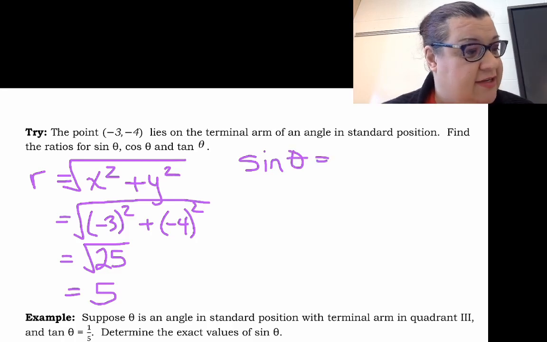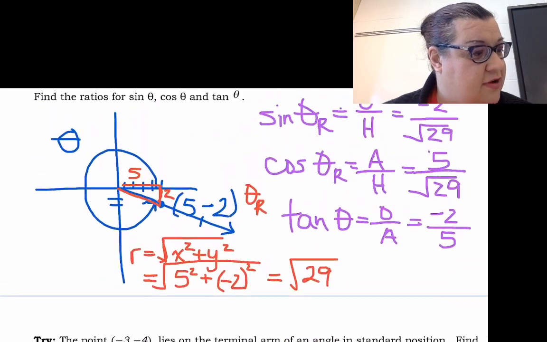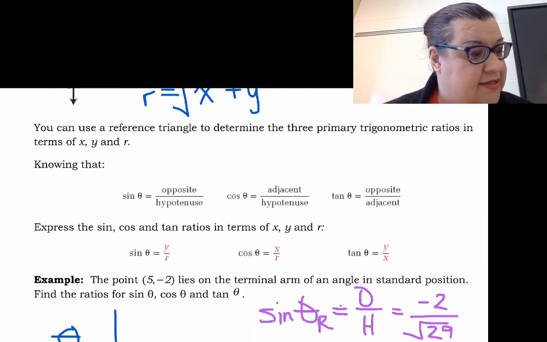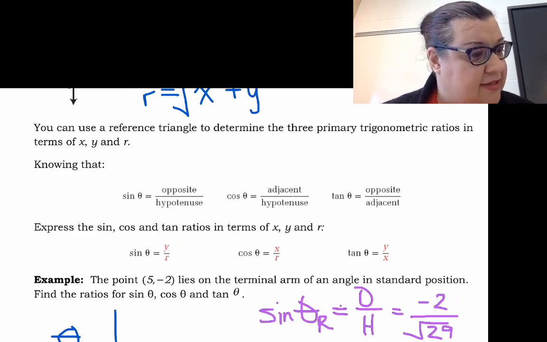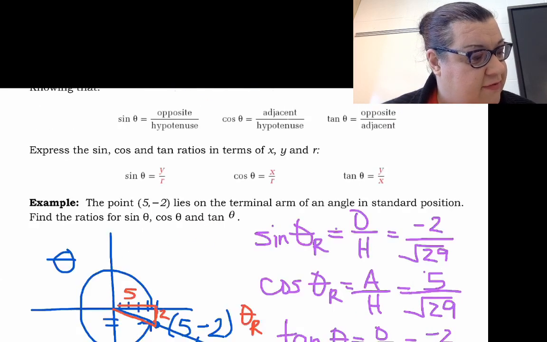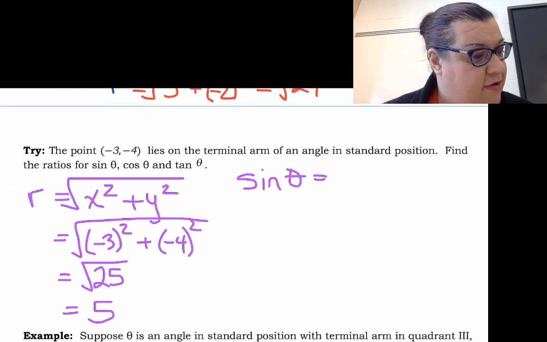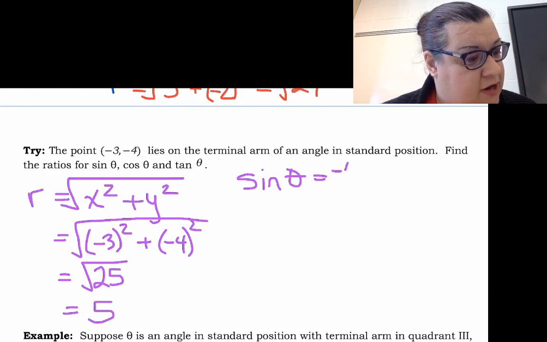So we also had reviewed the shortcuts, right? Sine theta, and if you need to go back and quickly look at the notes, what did we say sine theta was? We said it was y divided by r. Excellent. So y divided by r, y is -4. R we just found was 5.